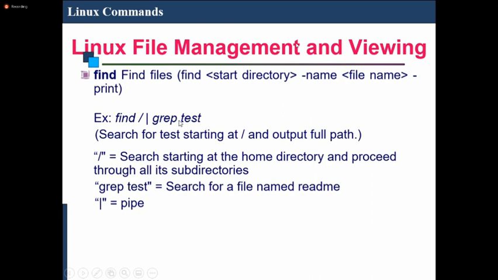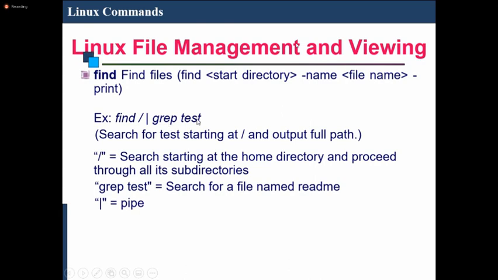It will only filter ones which have this test, this name, right? Right. So this search starts at the home directory and proceeds through all the subdirectories. So it will start at the home and then it will go through all the subfolders and so on. Right.